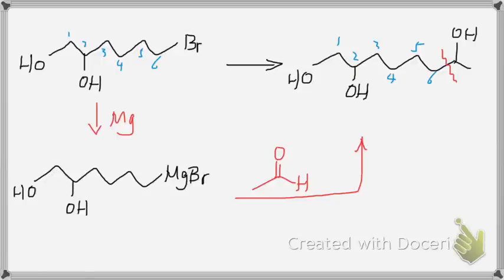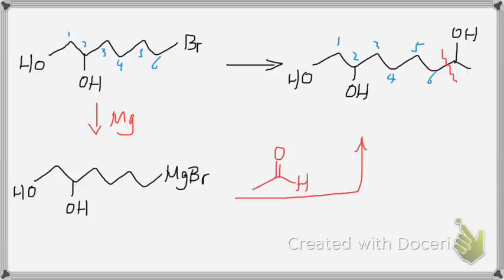Then react the Grignard reagent with the 2 carbon aldehyde. Then we should be able to get our final product. The thinking is correct here, right? But there is a problem. What's the problem? Take a look at other functional groups present in the molecule.